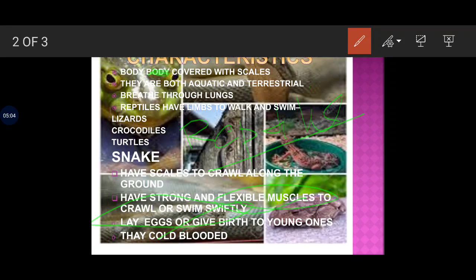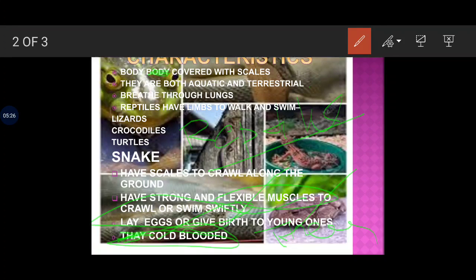And next, they lay eggs. Almost all reptiles lay eggs, and some of them give birth to young ones. And they are cold-blooded.